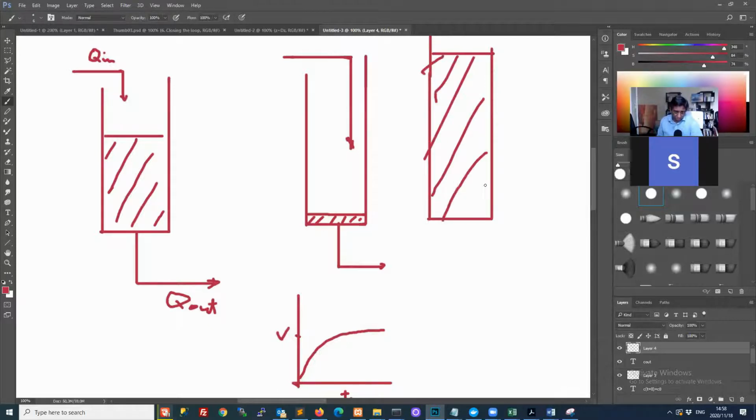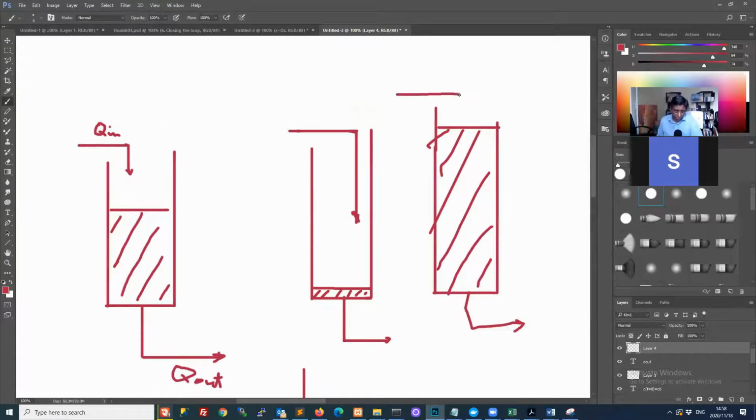Then it might be the case that your supply rate in here was actually lower than the flow rate out here. So your height was so great that you had a very strong driving force, and so your exit flow rate became quite high. So you had a high flow rate there and then a low flow rate there.